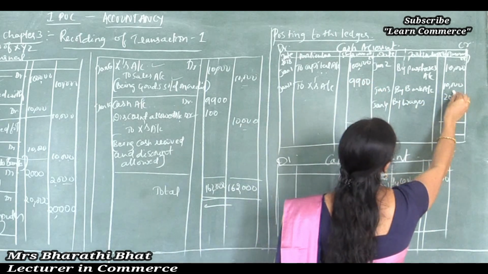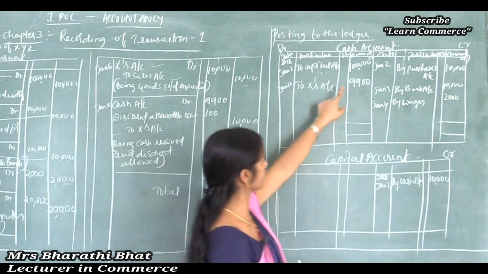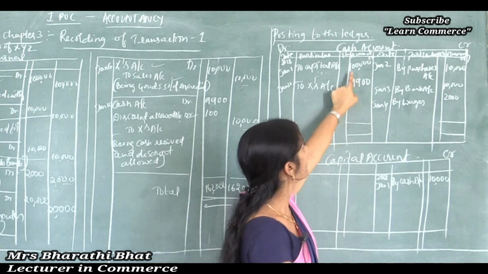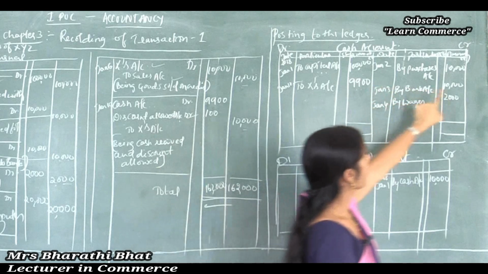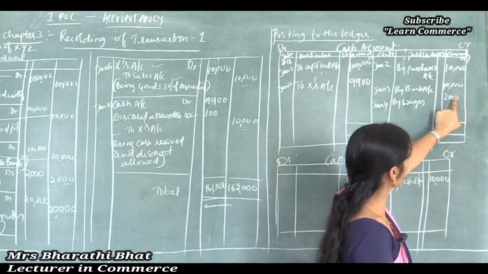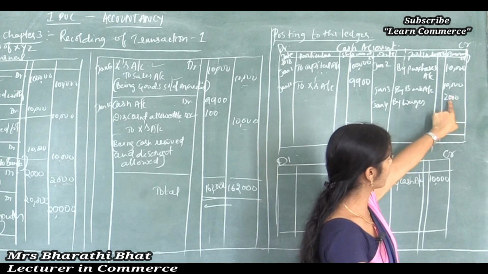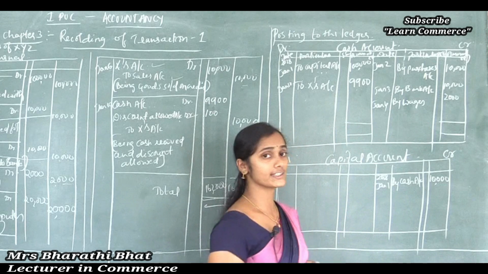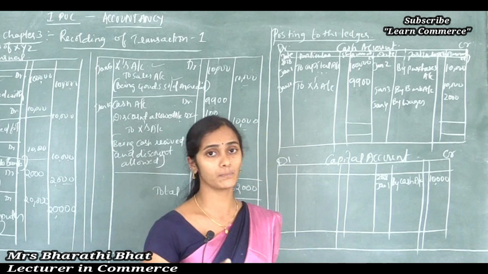Here 1,09,900, and on the other side 10,000 plus 10,000 plus 2,000. What is the total amount? 22,000. Correct, right? So now we should write the greater amount on both sides.